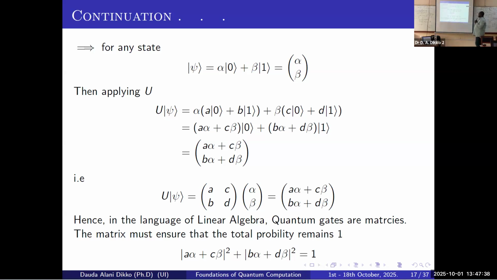Then U acting on ket phi can be written as the matrix A, B, C, D acting on alpha beta, and that gives us a column matrix. So it becomes a standard that you can use. Whichever values come in, 0, 1, 1, 0, or 0, i, i, 0, or minus i, depending, you can use this to simplify.